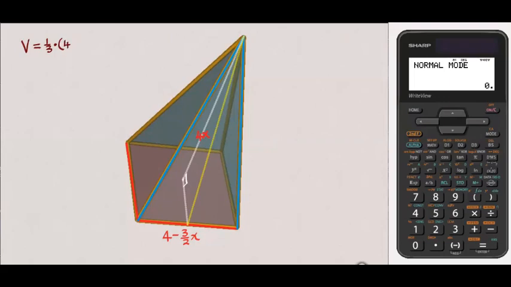So it's going to be (4 minus 3 over 2 x). Well, we need to write that twice because it's length times the breadth. All right, there we go. And then x, and then we need to times the whole thing by 4x. By 4x, let me parenthesize that. So that becomes the equation of the volume.